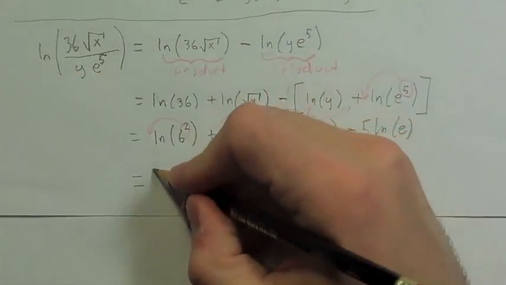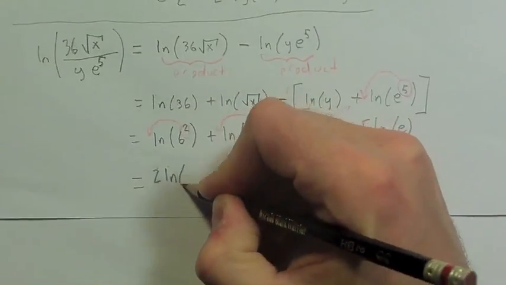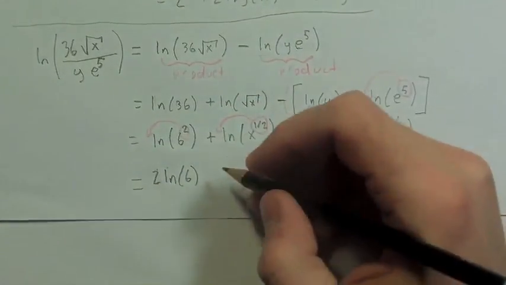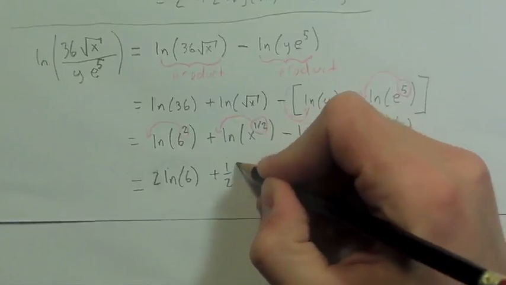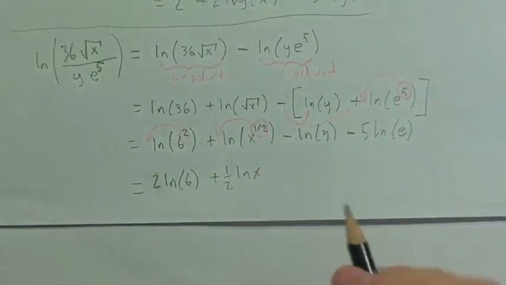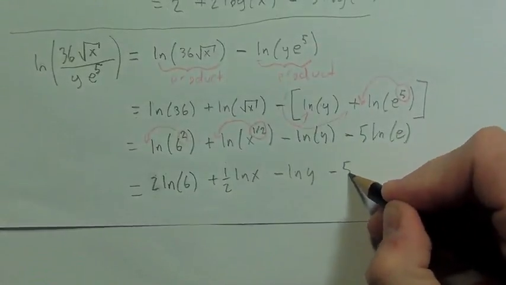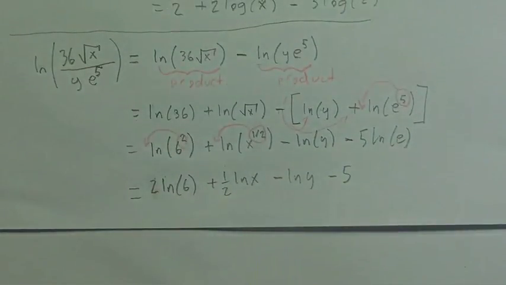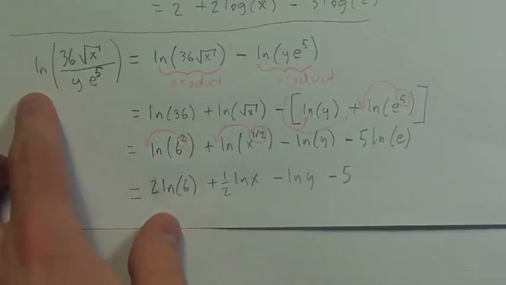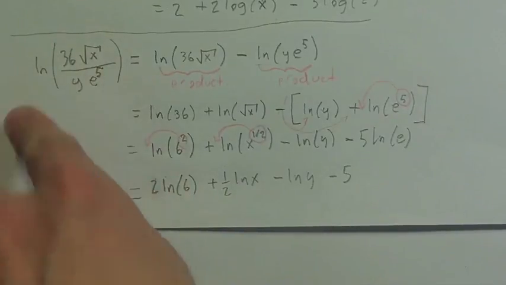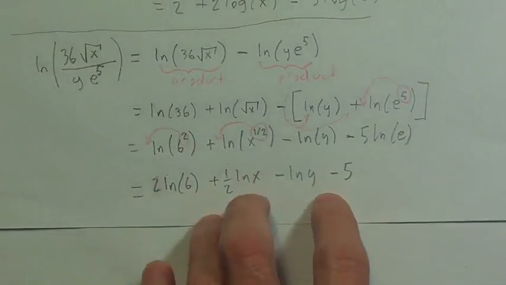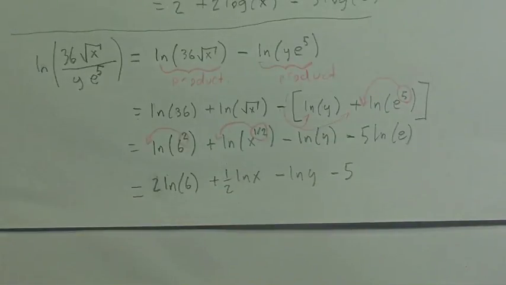Again, we get the 2, we bring the 2 outside, so I get 2 ln 6. Here I get plus 1/2 ln x. Here I get minus ln y, and here I get minus 5. And there we go. We've now taken this expression here and expanded it out to this expression here.